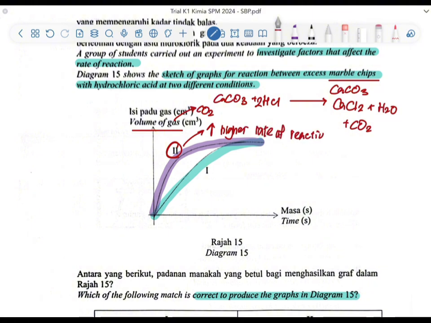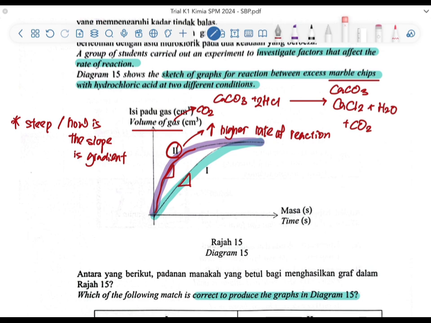So how do we know that? You need to observe first the steepness, how steep the slope of the gradient is. By comparing the gradient of the curves, 2 and 1, actually 2 is steeper. It has a steeper gradient compared to this, right?